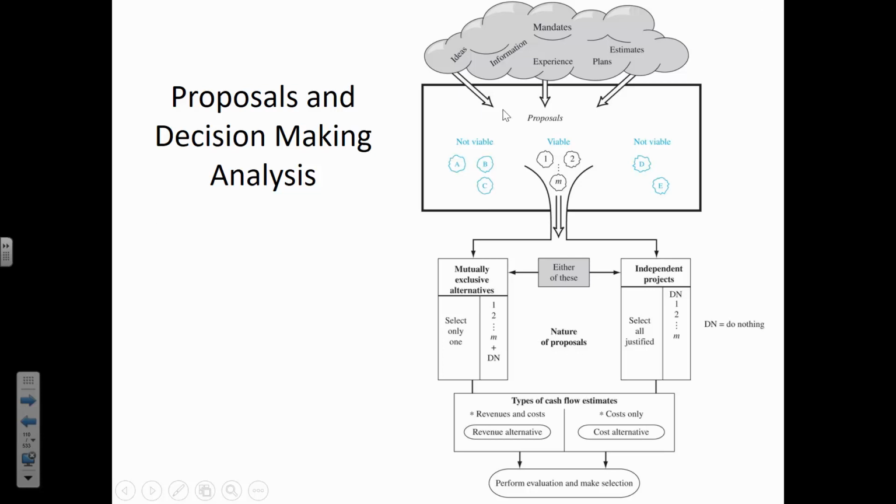This figure comes from your textbook, and it's an illustration of the thought process that leads to decisions. The point being made is that a company will go through a decision-making process that starts with brainstorming. This is a cloud, and I guess it's raining ideas from the brainstorm. The initial part of sorting those ideas is grouping them into projects that are viable and projects that are not viable.